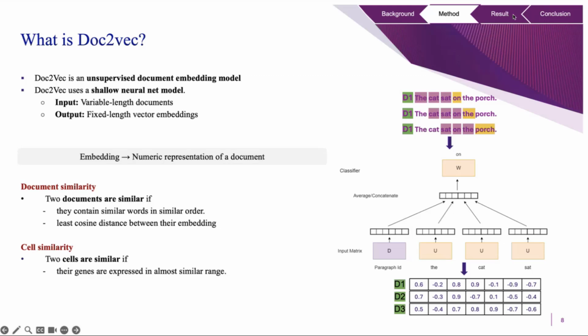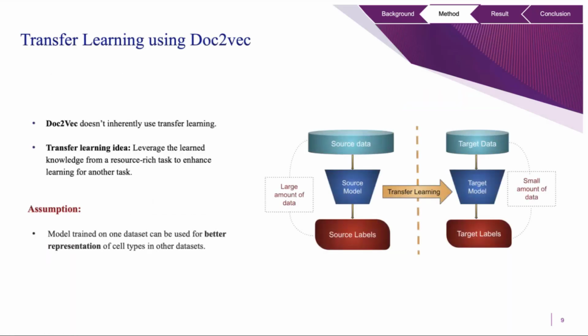Similarly, when we translate that to single cell, when we give the cellular data into a doc2wake model, it can find the cells which are very similar. So the embeddings of two cells with similar gene expression patterns will be closer to each other.